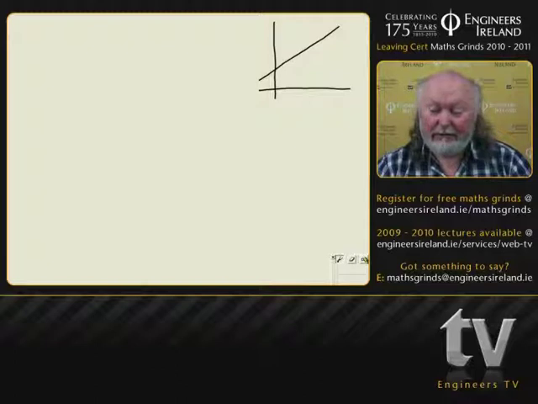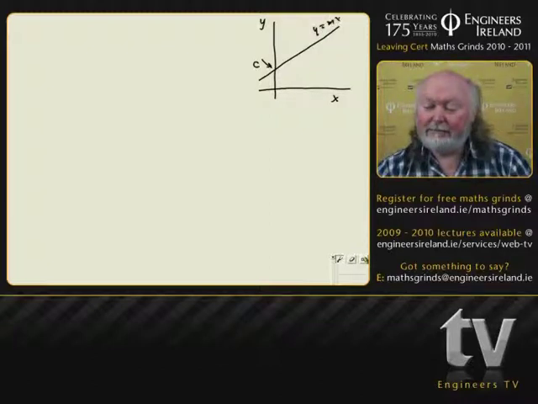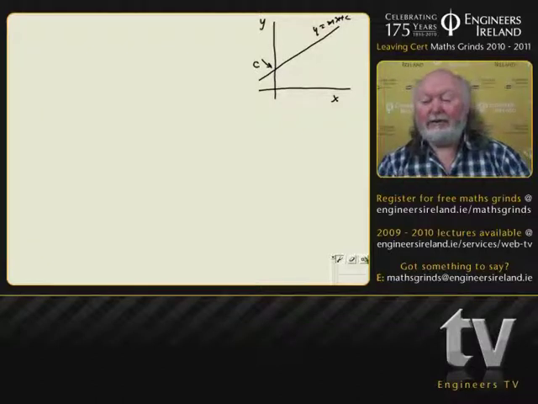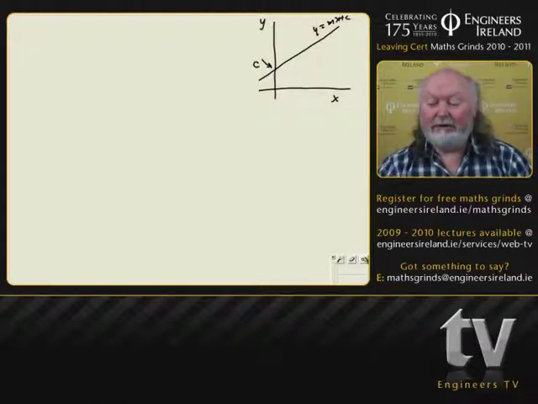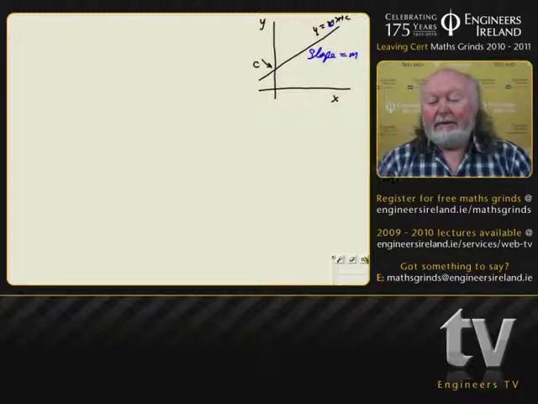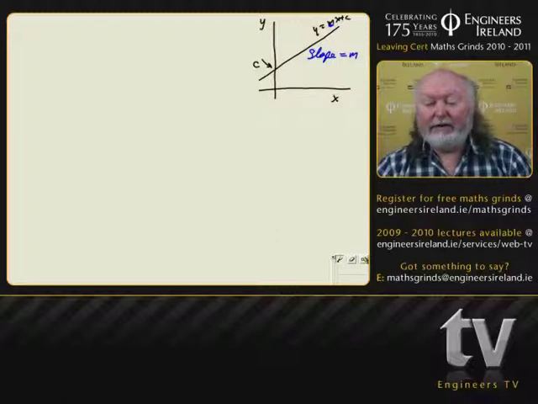You'll be well fed up at this stage of seeing me draw this little drawing. Equation of a straight line. We know the slope of this straight line is m, and the intercept is where it meets the y-axis.